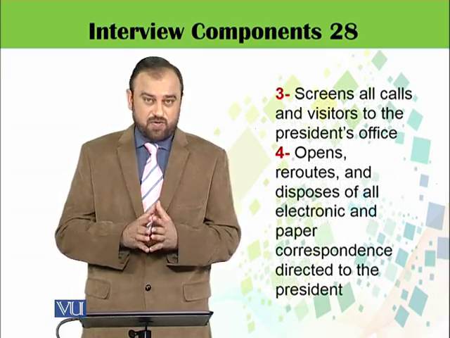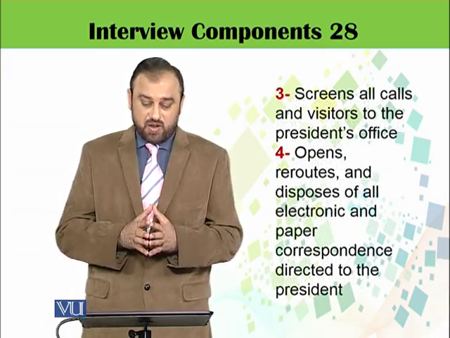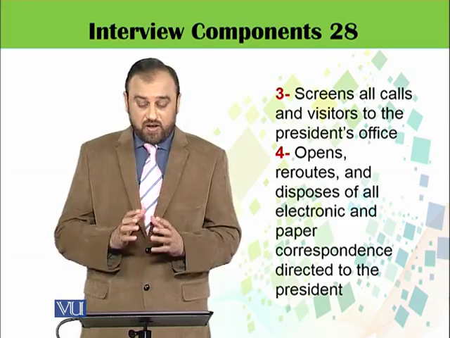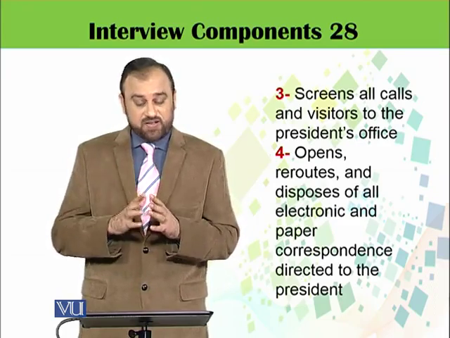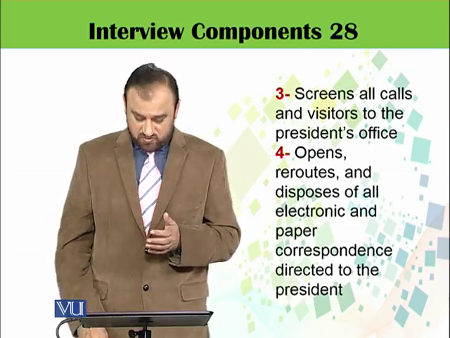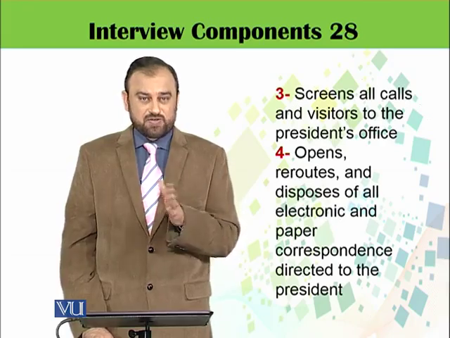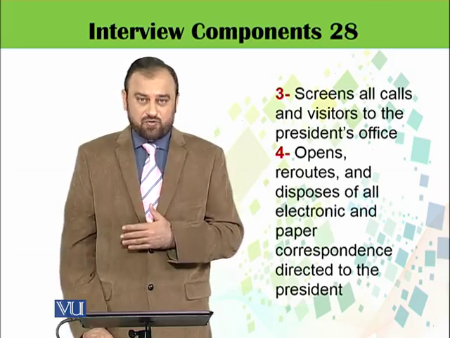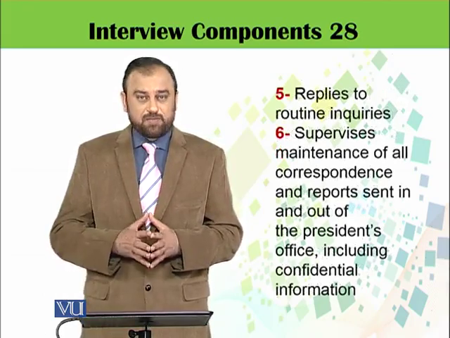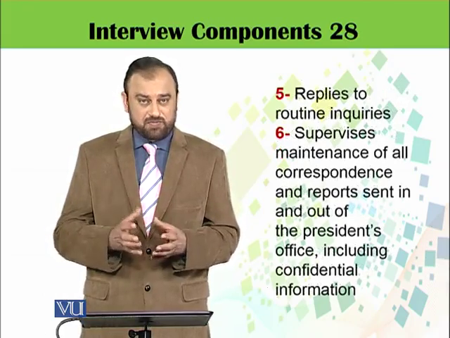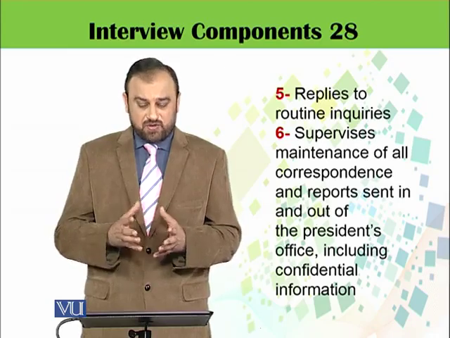So this is your job if you are an assistant to him. Number 4, opens, reroutes, and disposes of all electronic as well as paper correspondence directed to the president. So you have to open and reroute correspondence to the different people who are coordinating with the president. And number 5, replies to routine inquiries directed to the president.